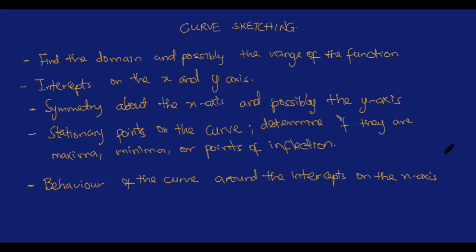So let's take an example to see how this works. Sketch the curve y is equal to x multiplied by x minus 3 multiplied by x plus 2. To start with, we are going to be finding the domain of the function.